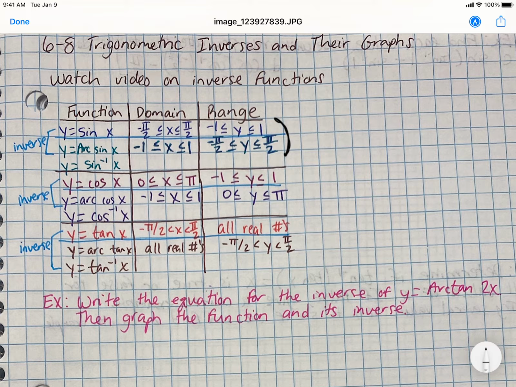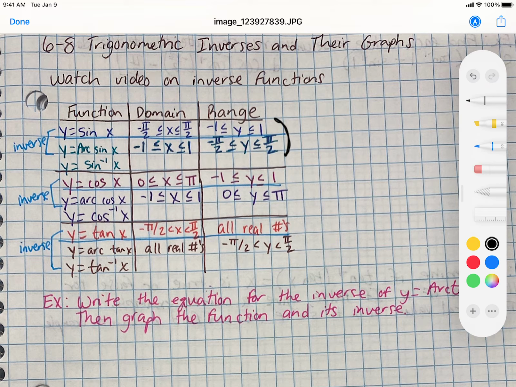The next one we are going to talk about is cosine. So these ones right here. For cosine, our domain is from 0 to pi, and our range is from negative 1 to positive 1.